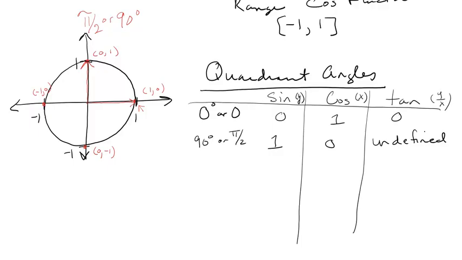So when we actually graph our tan functions, you will see that they have asymptotes. All right, the next one, going around our unit circle, is 180 degrees, which is pi. So again, sine goes to 0. You can easily see -1, and that's 0. Next angle is 3 pi over 2, or 270 degrees.